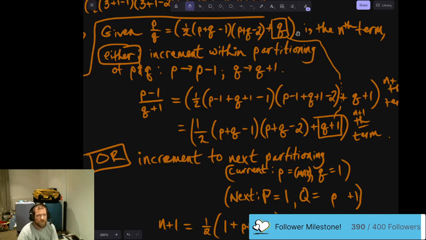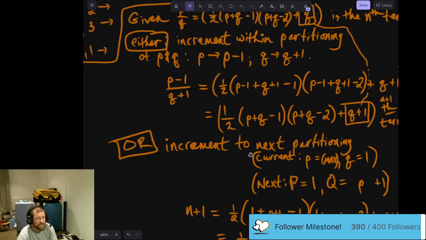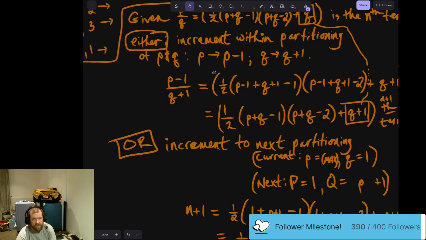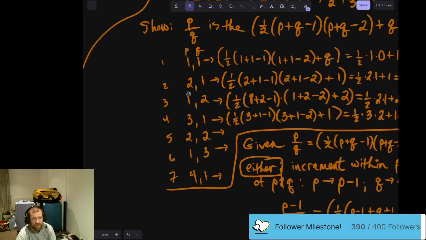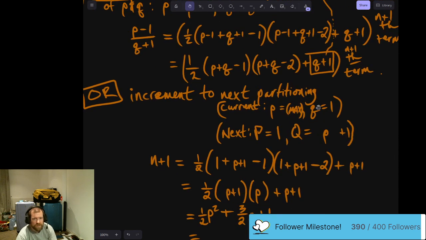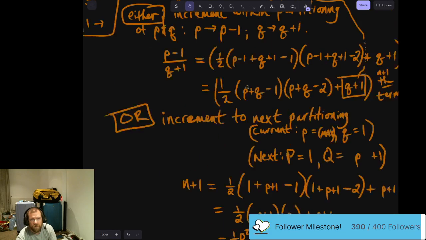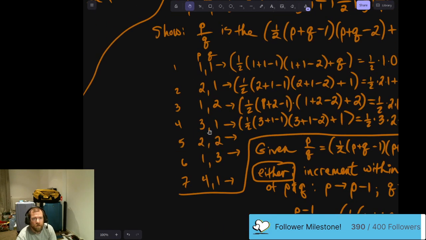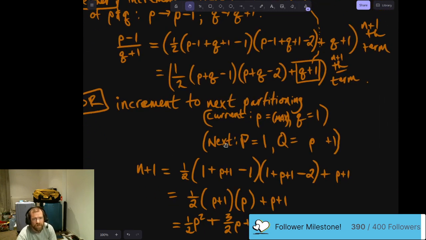Now, the other option is we can increment to the next partitioning, where our P value starts at the maximum for whatever we got. So 2, 1, 3, 1, 4, 1. Q is then going to be 1. Oh, that's wrong. It's the other way around.